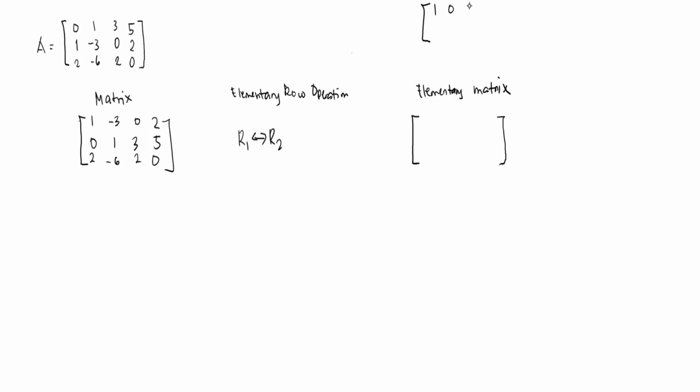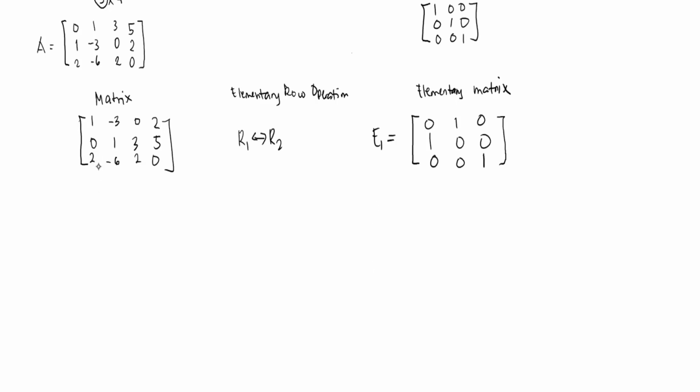So that's the order m. We apply this elementary row operation to the 3 by 3 identity matrix to get the elementary matrix. We interchange only rows 1 and 2, so we have 0, 1, 0, 1, 0, 0, 0, 0, 1. Let us name this one E sub 1.